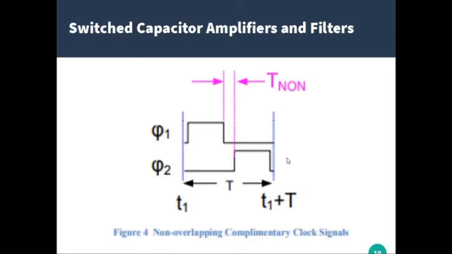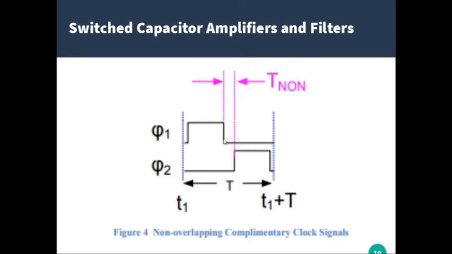In this case, we have phi sub 1 and then phi sub 2, and in between, this is the symbol of phi, the Greek letter, small letter phi. Between the end of phi sub 1 and the start of phi sub 2, there will be a non-overlapping time, so they will trigger separately.